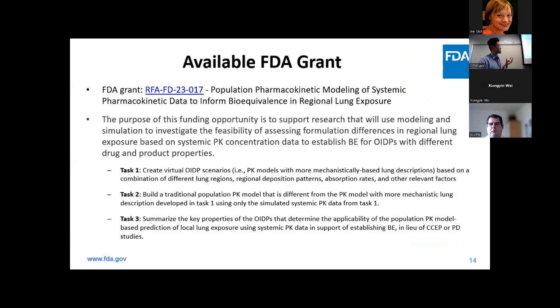After the model is built, we use the pop PK model to see how the population PK model can represent the physiological parameters, so that it gives us information on the impact of different drug properties or different structural physiological parameters that we can use, and then we can summarize how the key factors can be used. So this is one of the grants currently available.